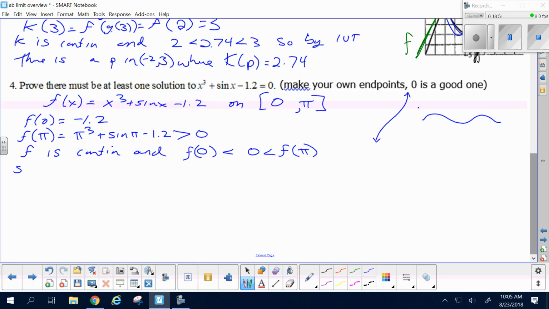So by IVT, there must be, now you could call it an x, or just say a place where, in what region must this happen? There must be a place in 0 to pi where what happens?